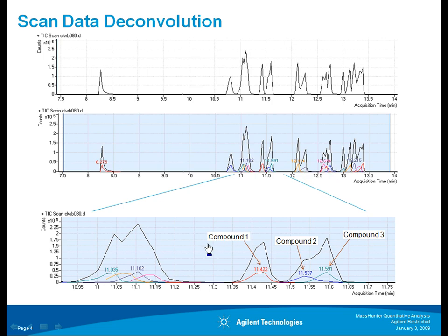There's a blow up down here, and you can see that a number of these components end up coeluting at the same time, but different retention times, enough so that they can be separated and grouped together in this model peak shape. Here there's two under this last peak here, compound 2 and compound 3, once they've been identified.